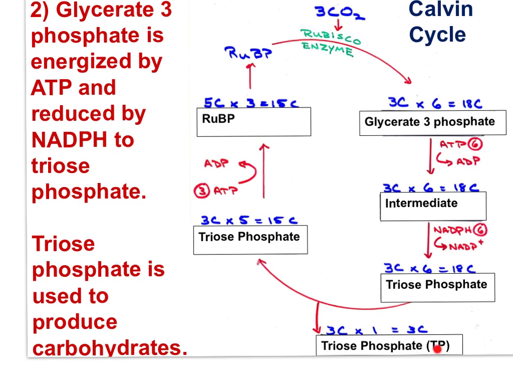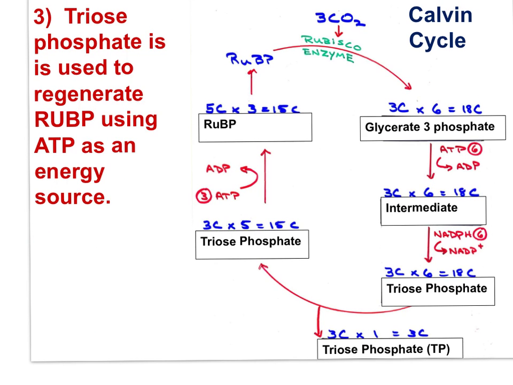Triose phosphate is the first sugar product. It's a 3-carbon carbohydrate, and it is easily converted to 6-carbon glucose. Glucose is the monomer of starch. Now let's take a look at what's happened here. 3 carbons have come into the cycle, and 3 carbons in the form of triose phosphate have been pulled out of the cycle.